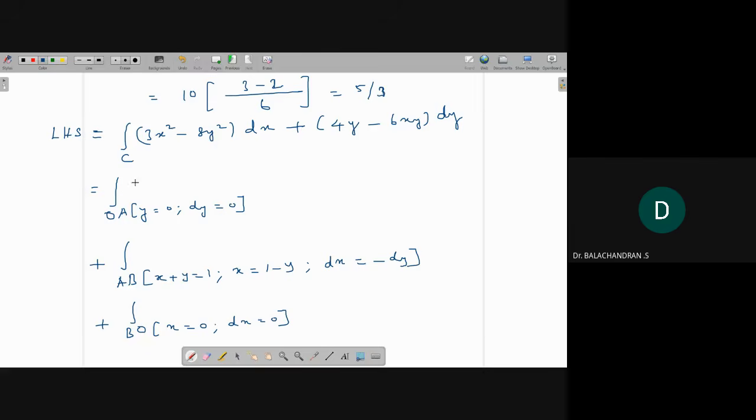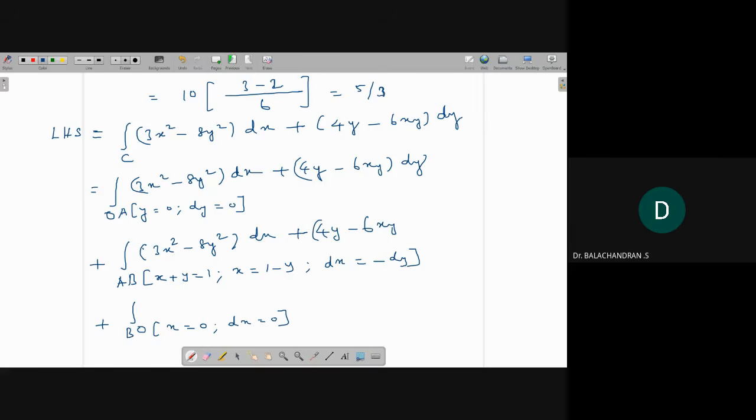So you should write here 3x square minus 8y square into dx plus 4y minus 6xy into dy. Here also you should write the same thing, 3x square minus 8y square dx plus 4y minus 6xy dy.